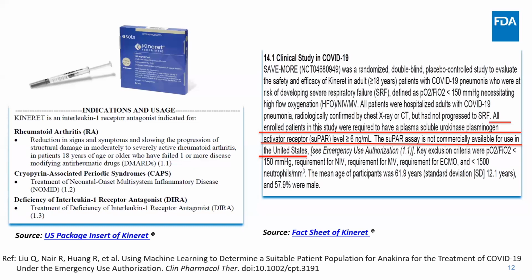If the patient doesn't have hyper inflammation in their body, using it is not good. That's why we didn't approve this treatment for the general population. It has to be very selective. That's what refers to the enrichment strategy.